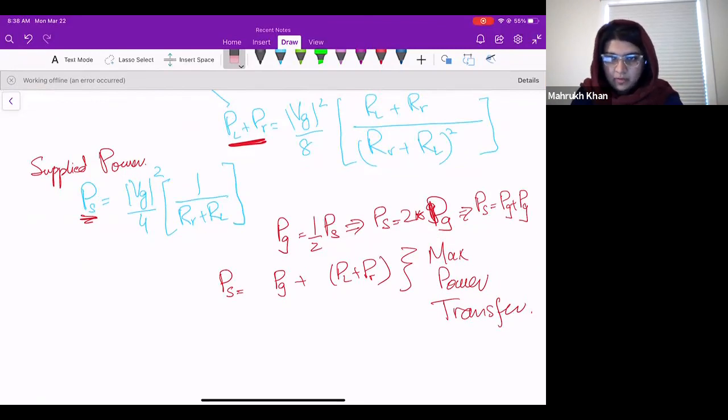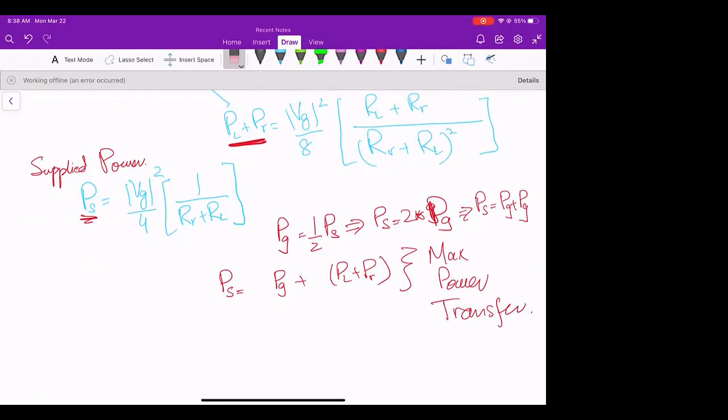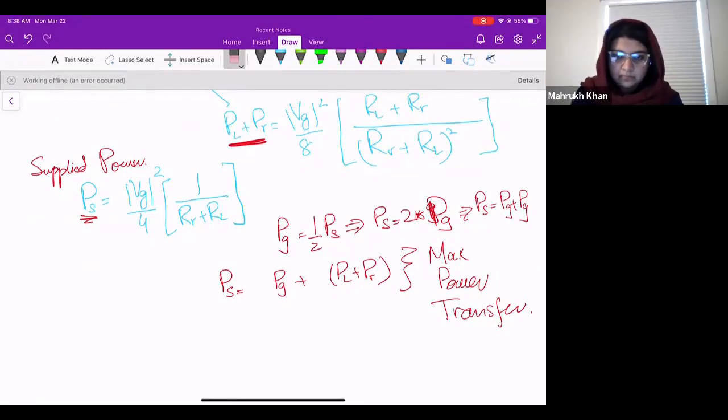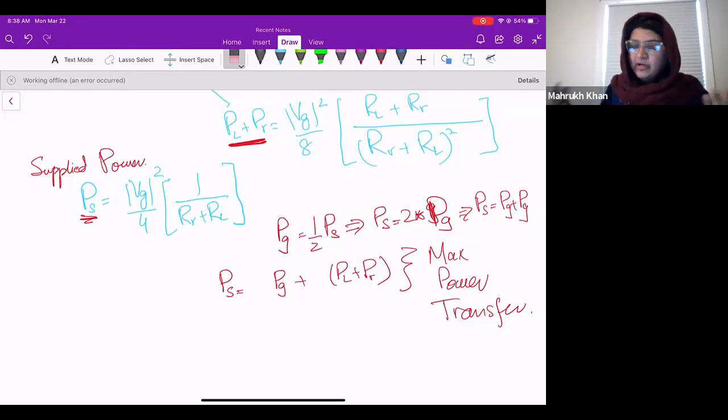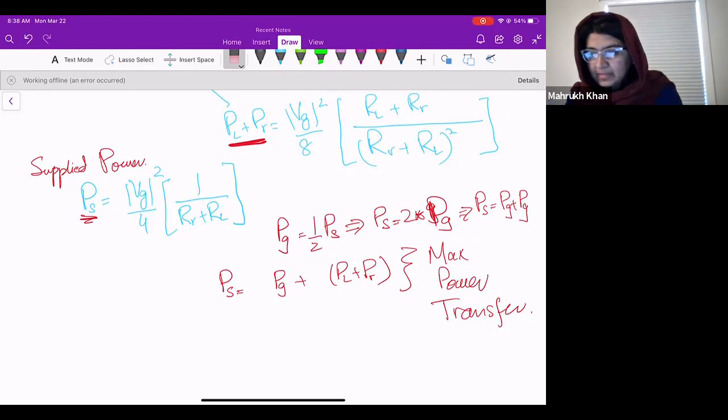So when we have a power supplied, it is the combination of PG and PL plus PR, right? And why I added half is that I want to say that half of the power is dissipated across PG and half of the power is dissipated across PL plus PR.